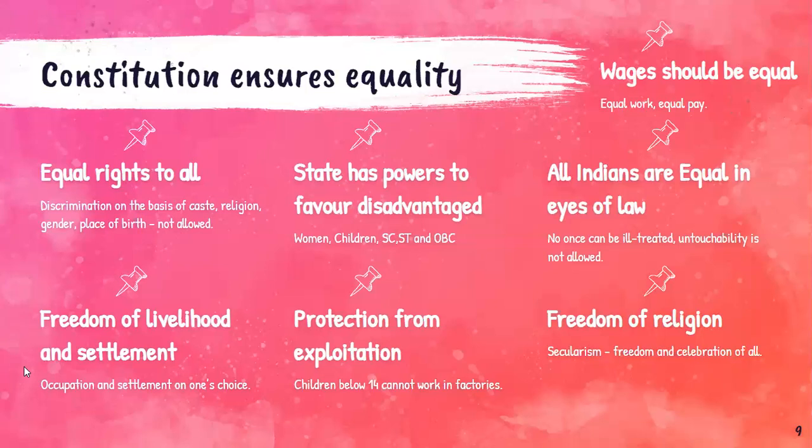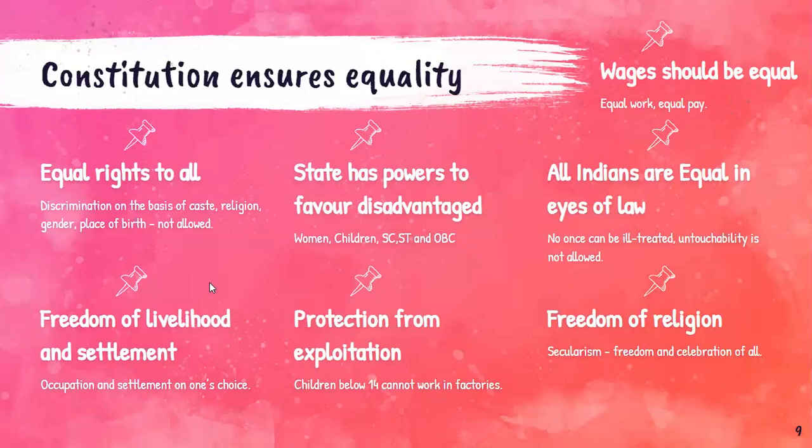If you feel that your rights have been taken away from you, you can go to the court only then. So all the cases that you see cannot just come about. Only if they have their base within the constitution can they be taken up in the court, right?